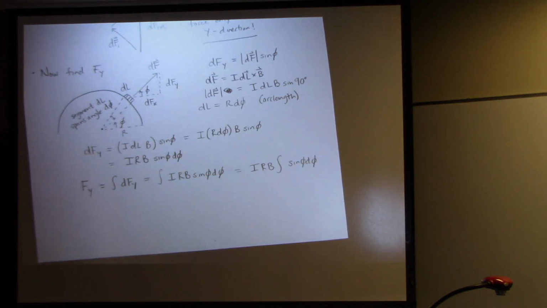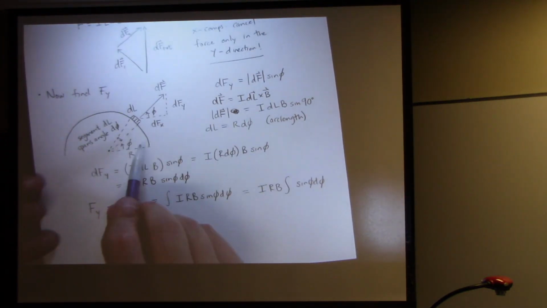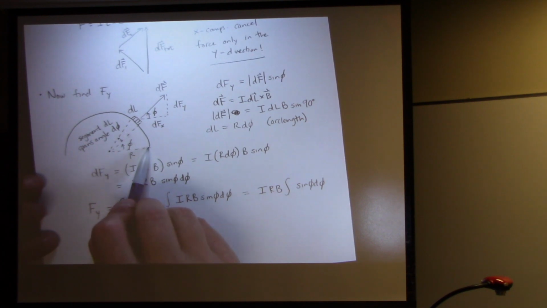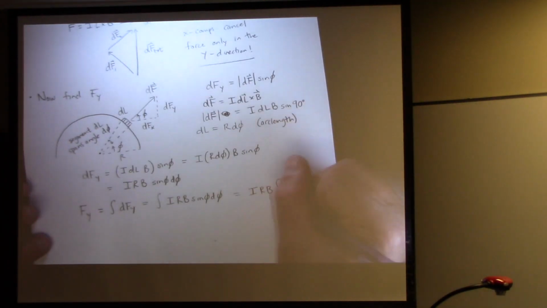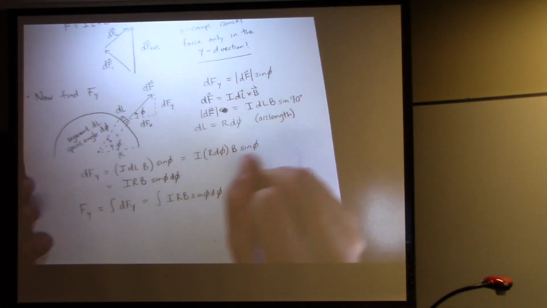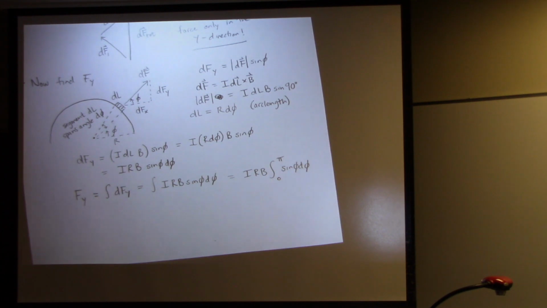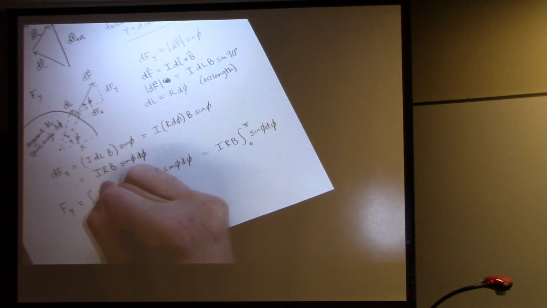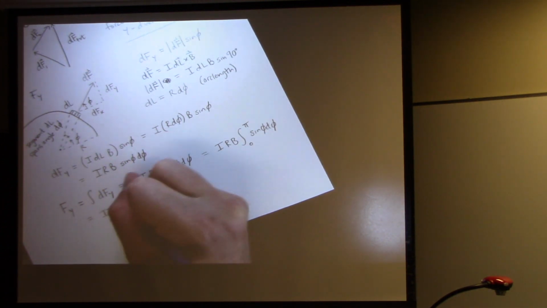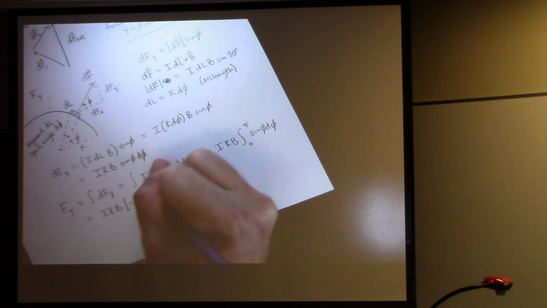Question is, what are the limits? Well, phi starts over here at 0, and then if we trace it all the way around to the half circle, we get pi. So 0 to pi, sine phi d phi is what we have to integrate. Well, the integral of the sine function is just, what is it, minus cosine?